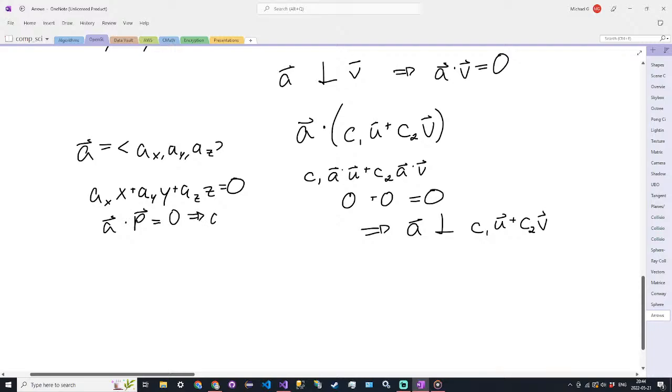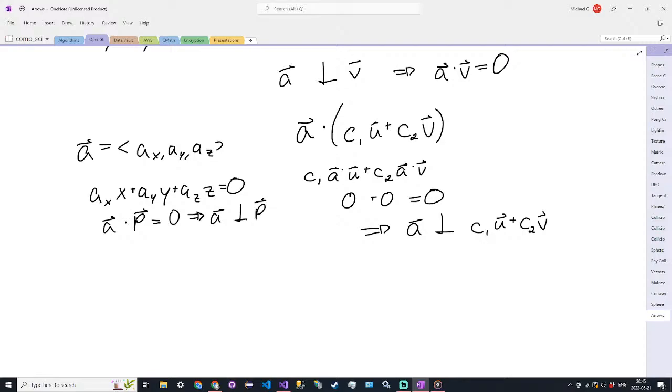So therefore a is perpendicular to p. So therefore a is the normal vector to the plane. So we've now figured out that with an arm vector, we can now define our translation.